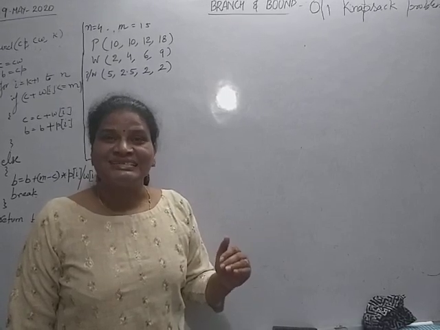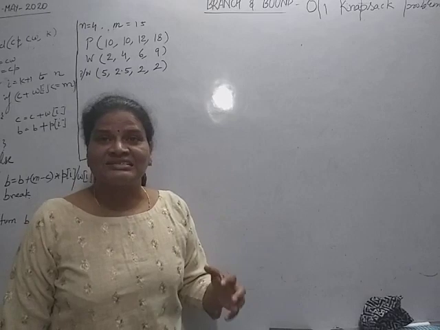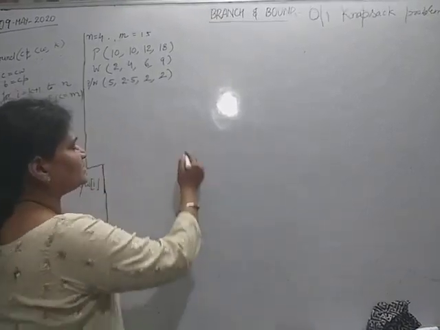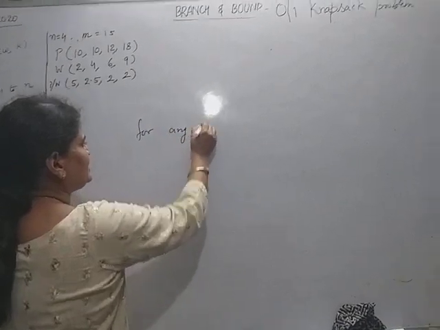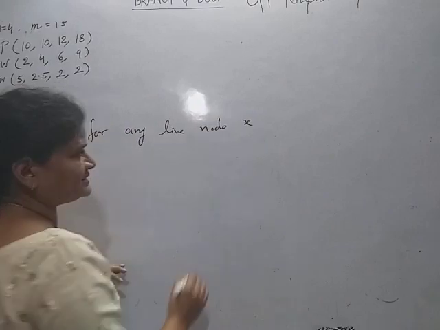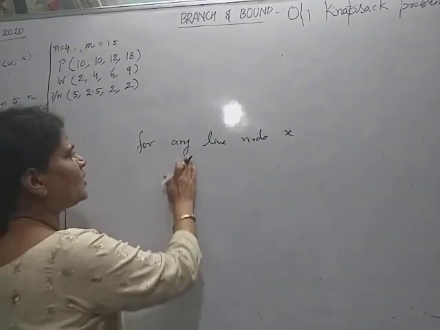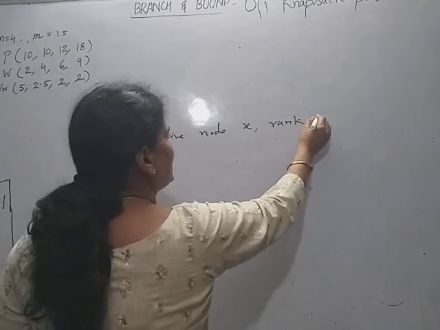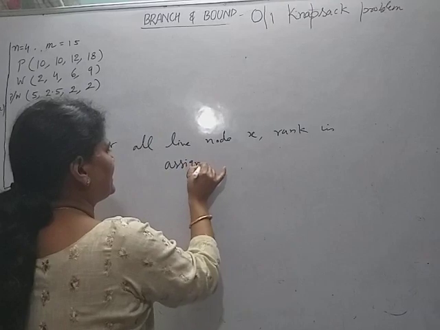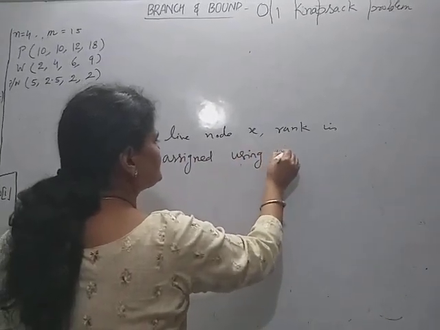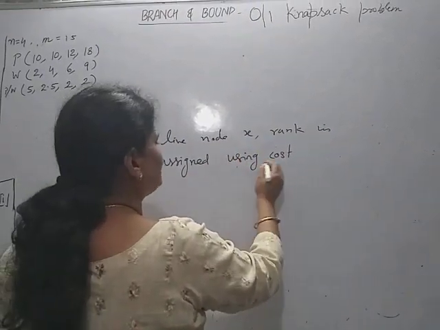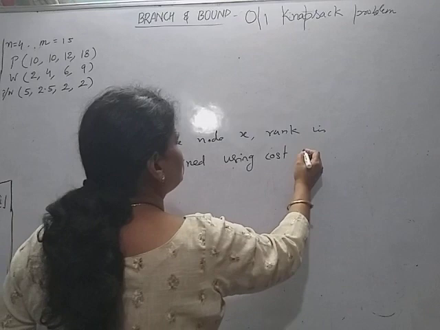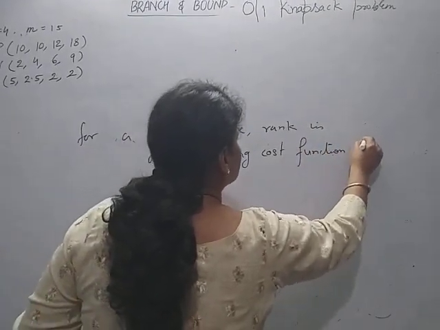That cost is needed to reach the answer node from the live node X. Okay, so simply for any live node X, or you can say for all live nodes X, the rank is assigned using a cost function, C cap X.